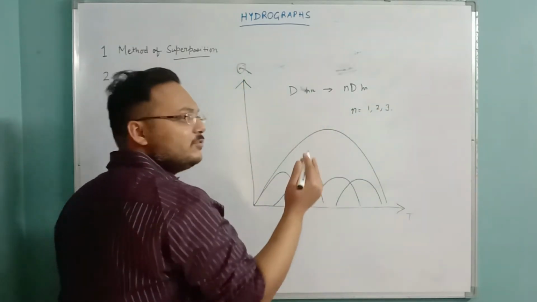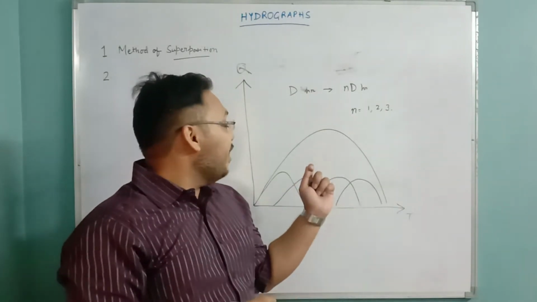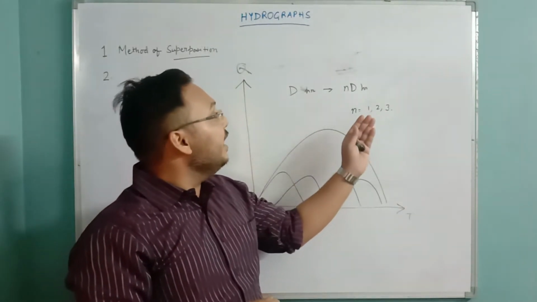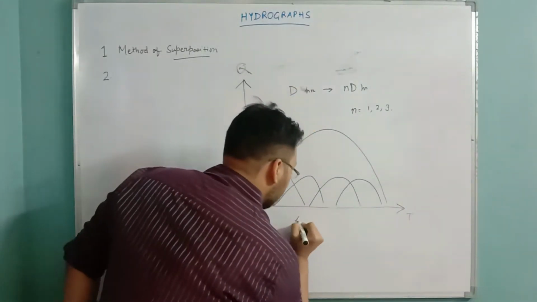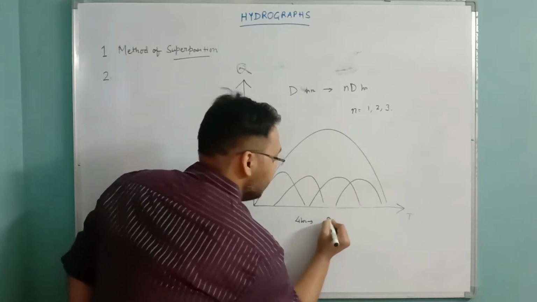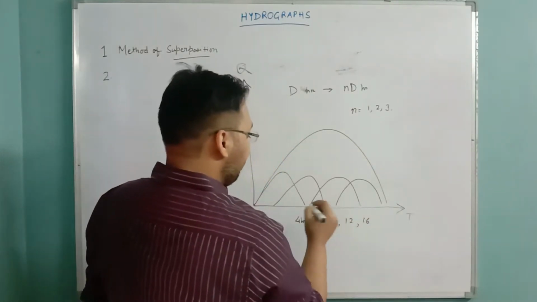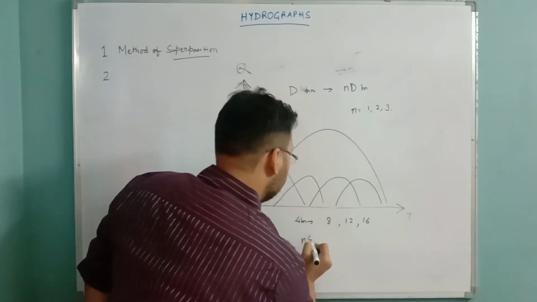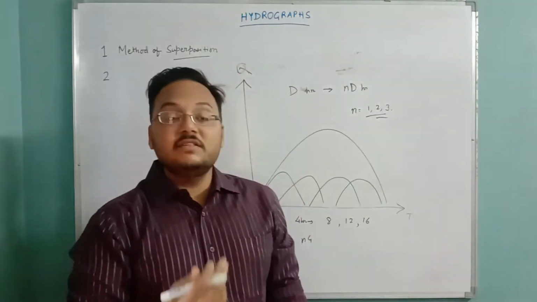So this n has to be an integer so as to find this particular nD-hour hydrograph. Like suppose we are given a 4-hour hydrograph, with it we could find 8, 12, 16, by multiplying n into 4, where n is 1, 2 or 3, which are just simple integers.